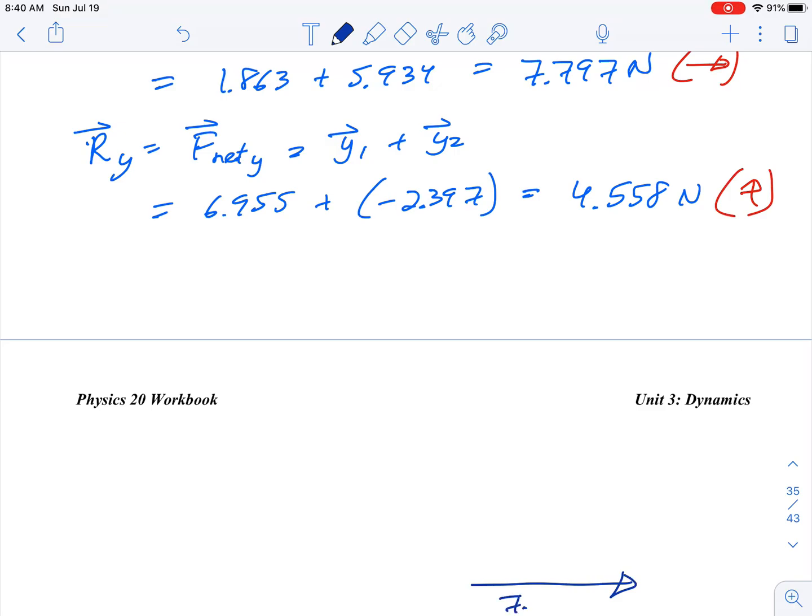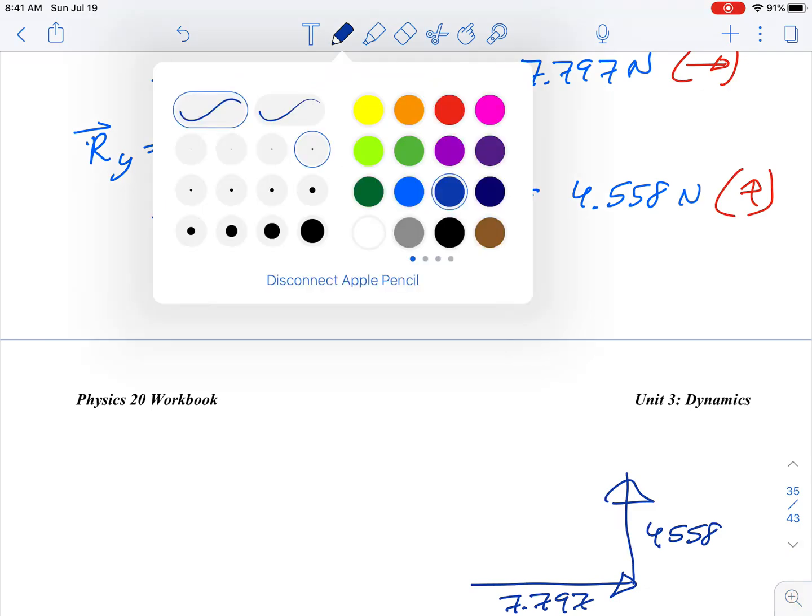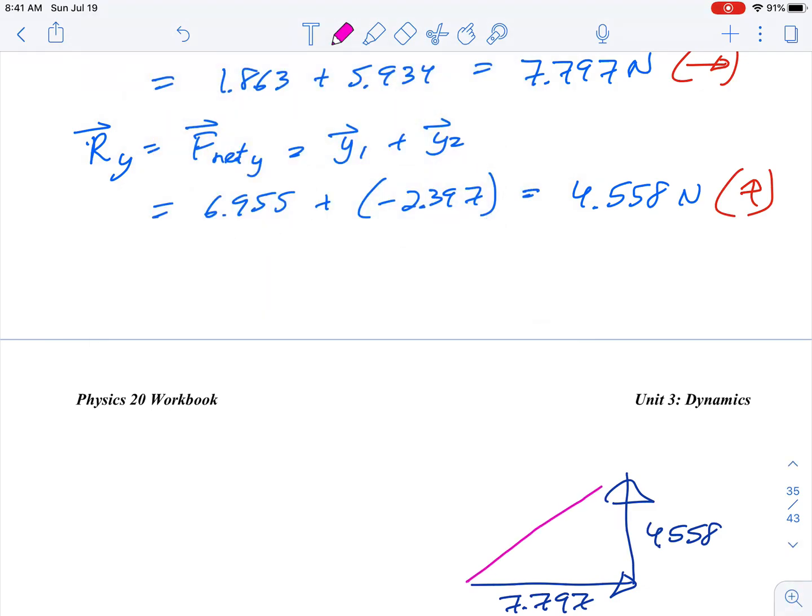So 7.797. To the tip of that, 4.558. And the resultant goes from start to finish. That is our F net at some angle theta.